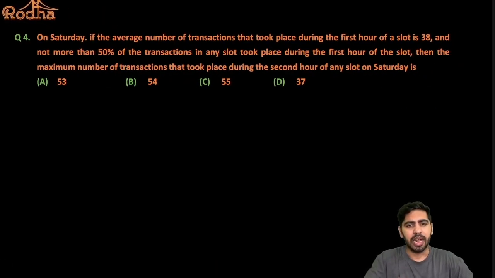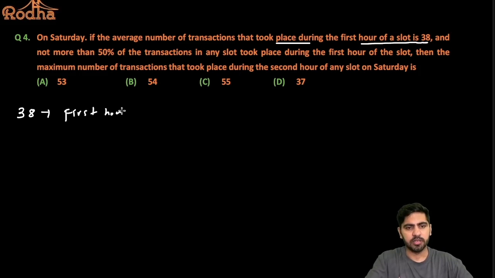So it says on Saturday, if the average number of transactions that took place during the first hour of a slot is 38. Okay. So 38 transactions have taken place on average during the first hour of the slot.